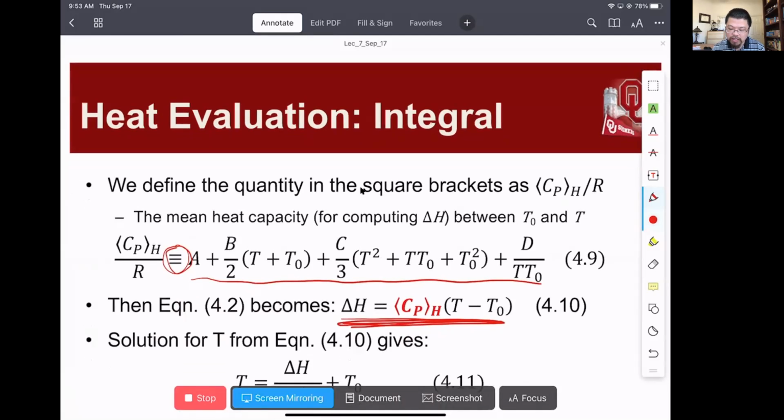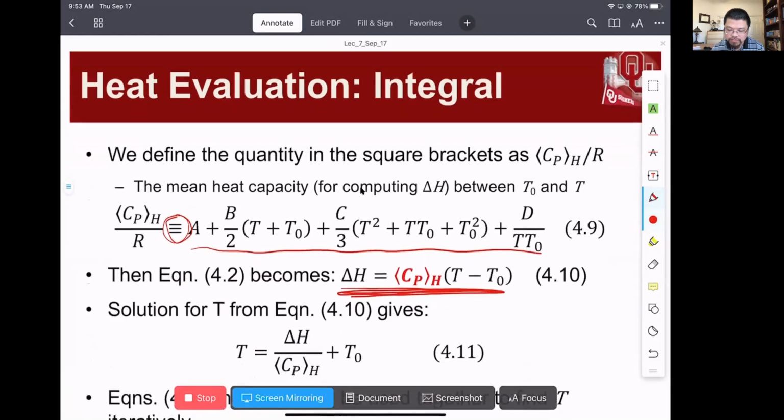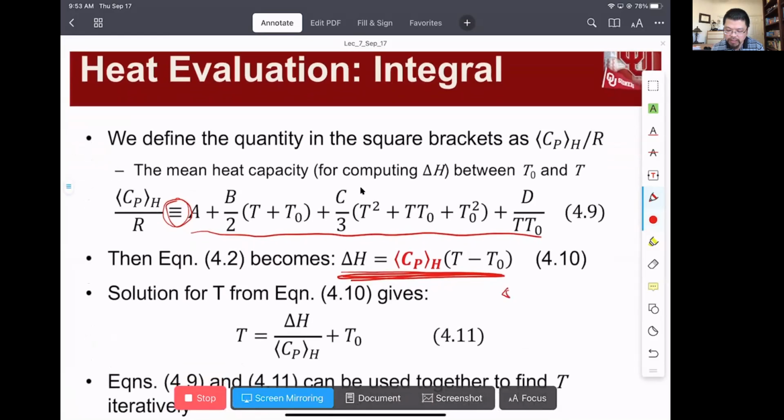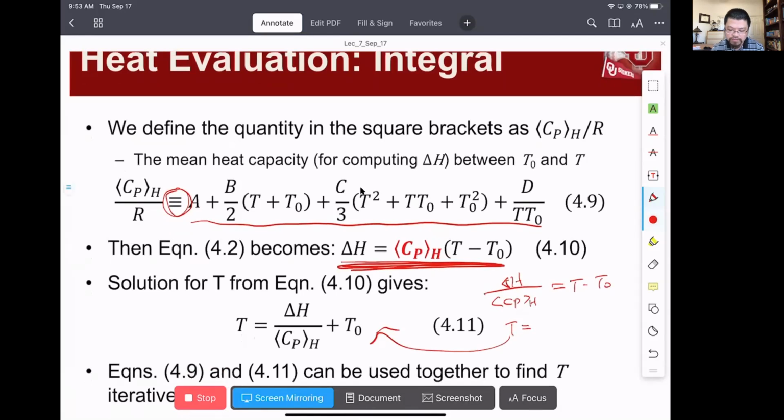The total enthalpy change would be the product of Cp average and the temperature range. So now if I reorganize this, delta H over this Cp average would be T minus T naught. So the final temperature is expressed over here in equation 4.11.